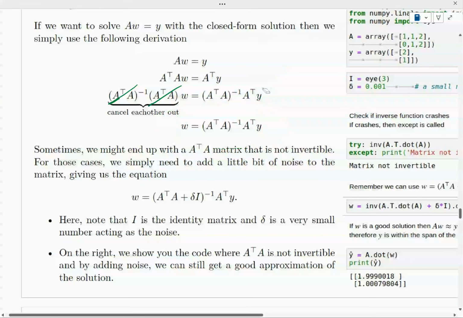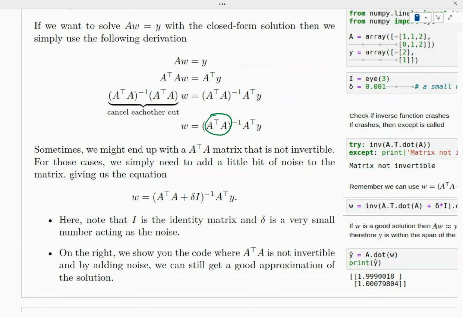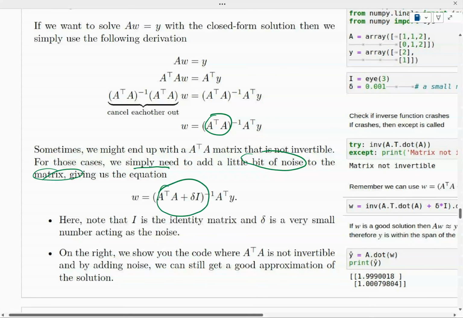Now, sometimes we may end up with a matrix that we can't find the inverse of. In those cases, all you have to do is add a little bit of noise to the matrix. This delta is a very small number, like 0.1, for example, multiplied by identity. So matrix plus matrix. This right here will guarantee that you will be able to get a solution out of this.